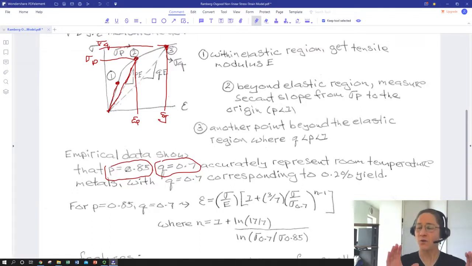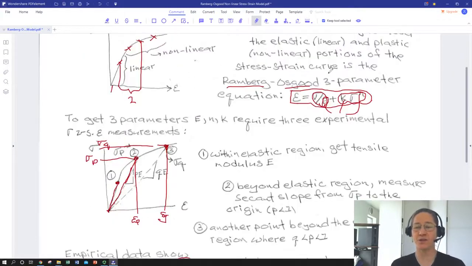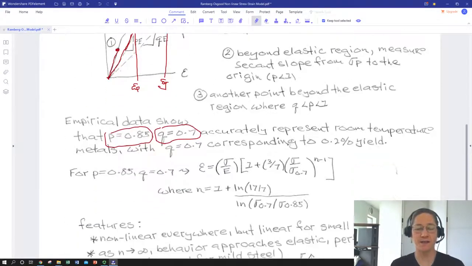So if we zero in on application of the Ramberg-Osgood model of elastic and plastic behavior, and we say, okay, we're only going to look at things that have a P of 0.85 and a Q of 0.7, then we can rewrite this basic expression to something that is appropriate only for those two P and Q values.